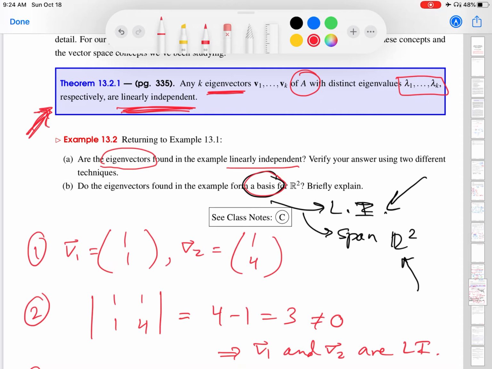Certainly, we've talked a lot about the vector space of matrices, the vector space of vectors, but this is kind of teasing this idea that maybe if you take a matrix, its eigenvectors can generate a basis for other spaces. So that's pretty interesting. Okay, so that's the takeaway from this example.